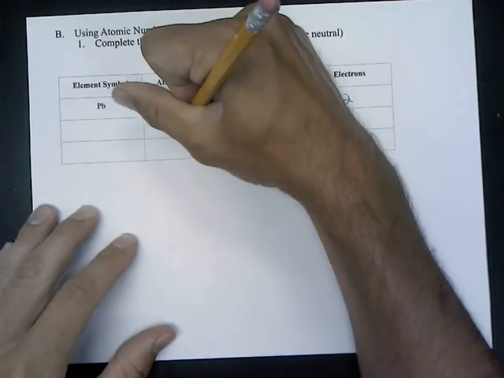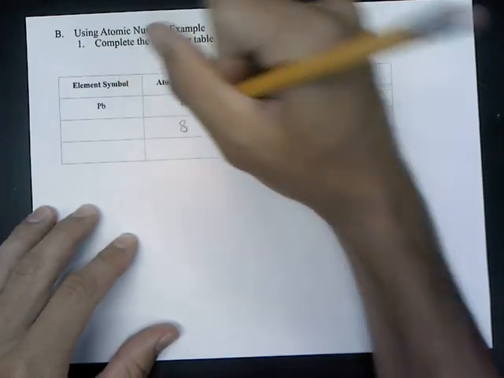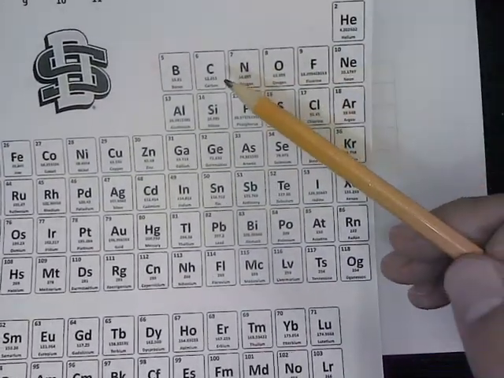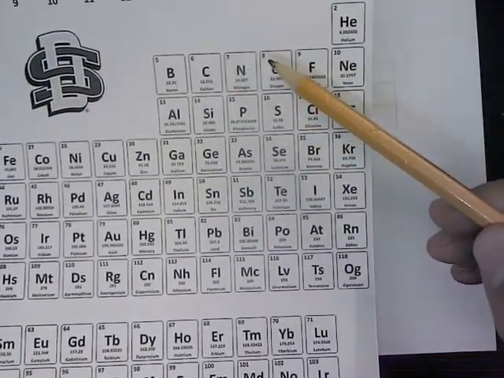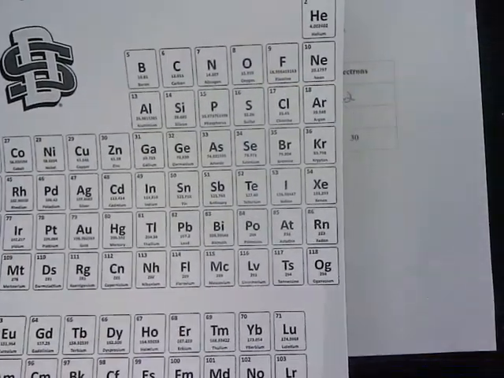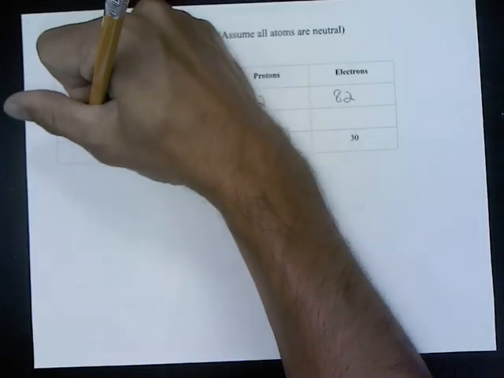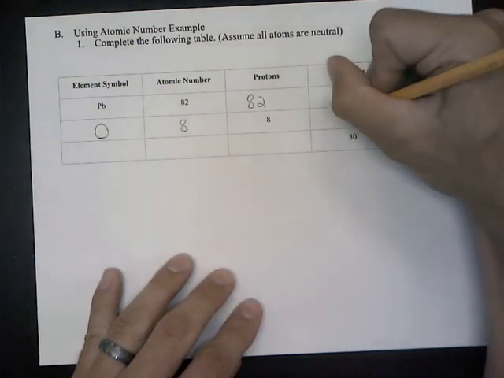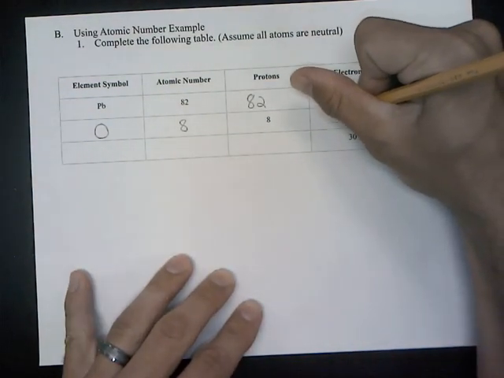So what I'm going to do is fill in the atomic number 8, and on my periodic table, I'm going to find the element with atomic number 8, and I find the symbol O for oxygen. So under that element symbol, I'm going to put O for oxygen. And now in a neutral atom, remember the number of protons is equal to the number of electrons, so we also put 8 here.